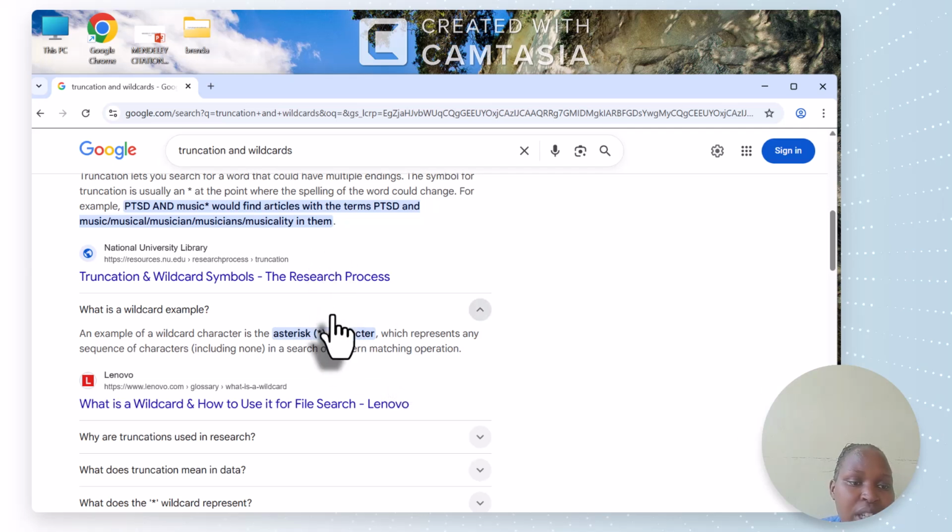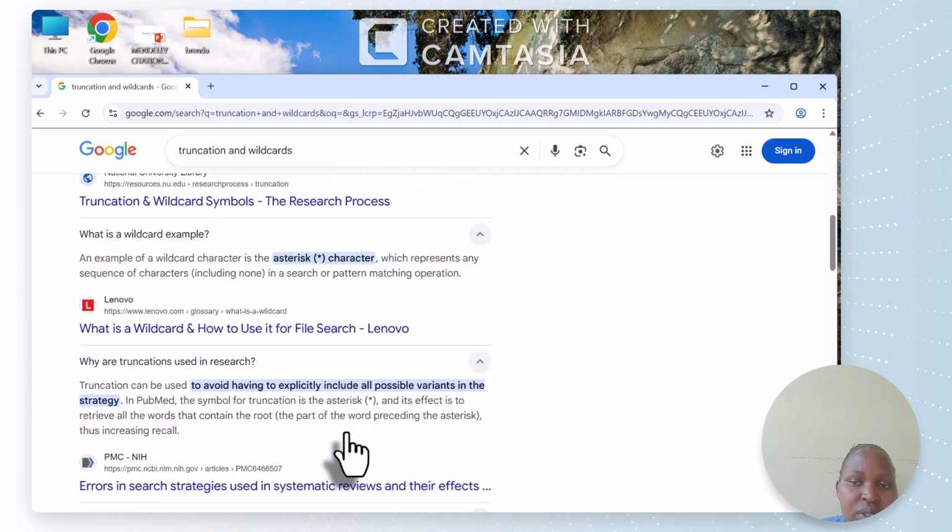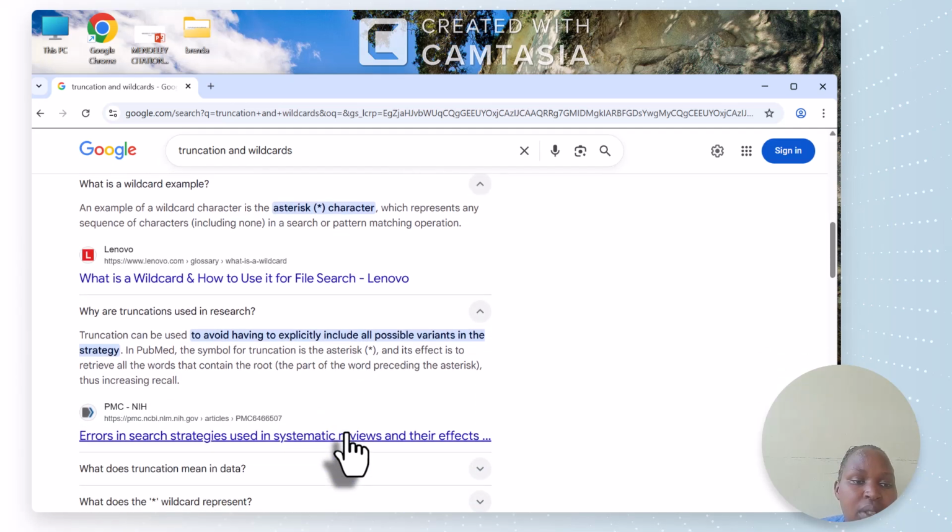Let us see how we use this. A wildcard can be used to avoid having to be explicit, including all possible variants in the strategy. This is all about wildcards.